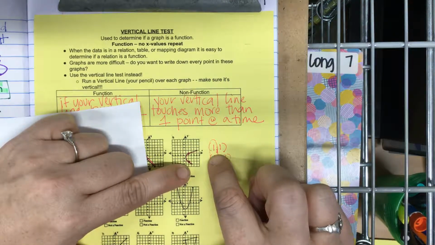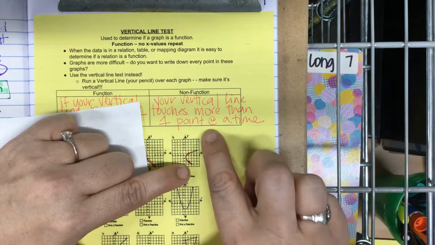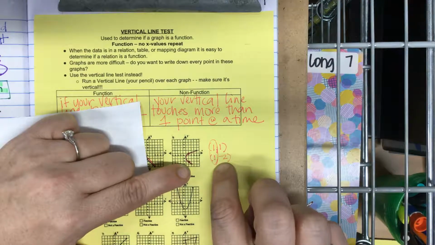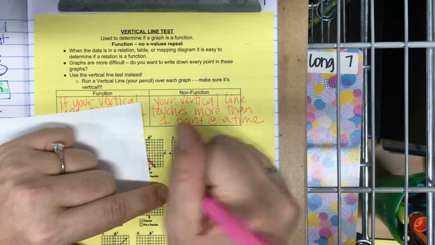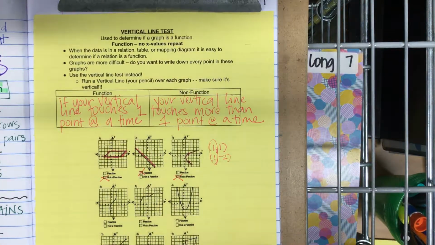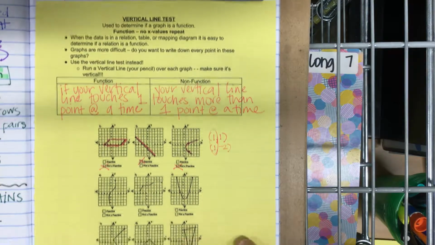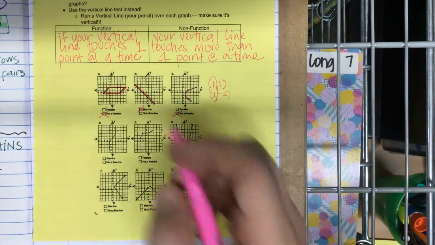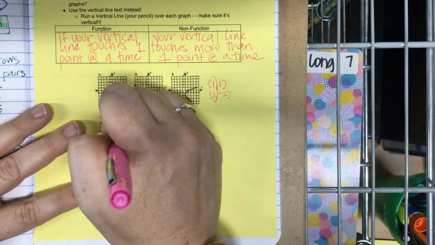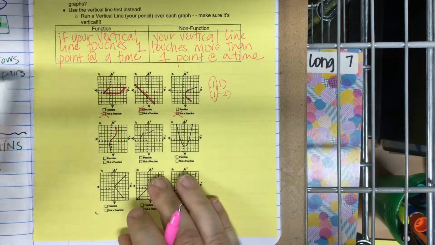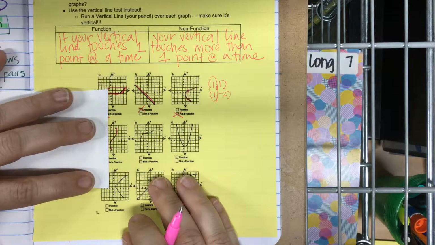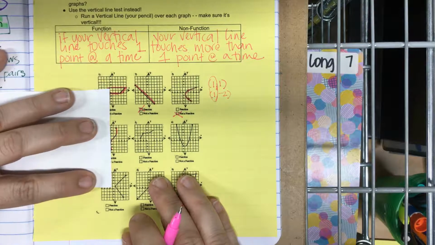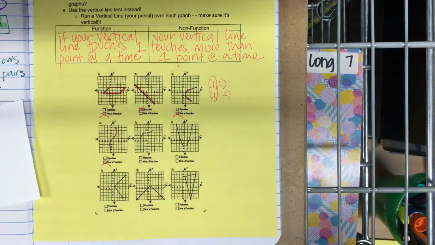So it cannot be a function because our x values happen more than once. The y values are different, but I don't care about the y values. I cannot have the same x value, not a function. Number 4 is right here. And you have to get pretty close. I would say right there it's touching 2 spots at once. Do you agree? Not a function. Because the x value repeats.